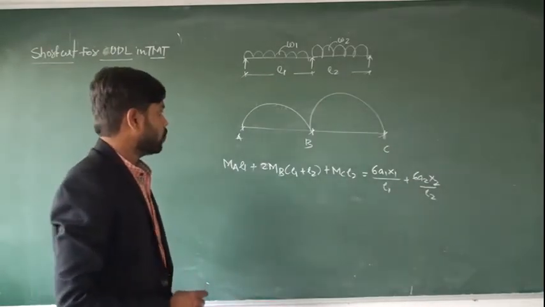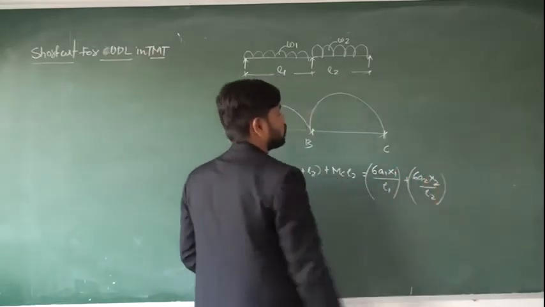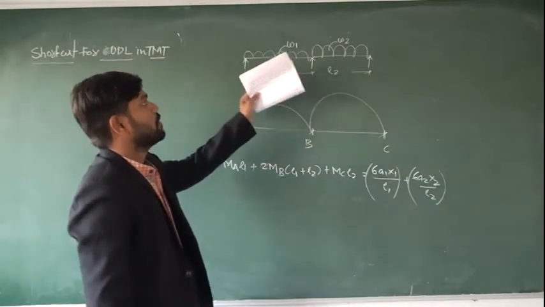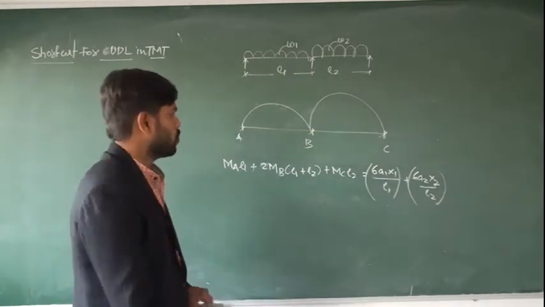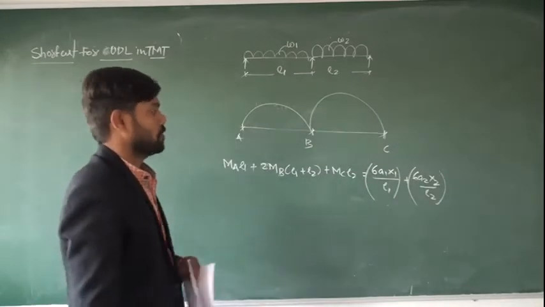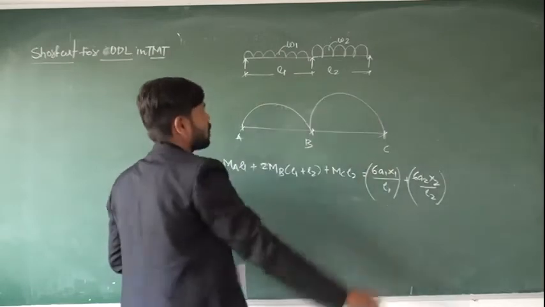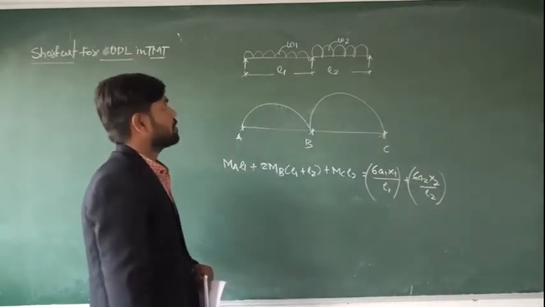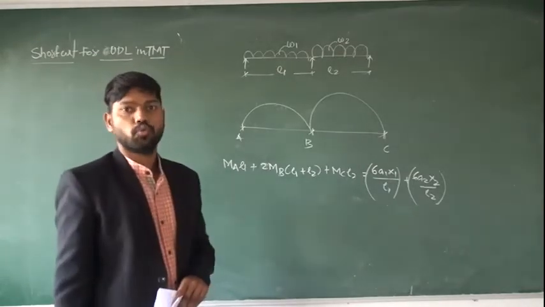Now I will give you the shortcut formula for 6a1x1 divided by L1 when a UDL is given in the beam. This is a simply supported span. So the continuous beam has two spans, one carrying UDL W1 and the second carrying UDL W2.